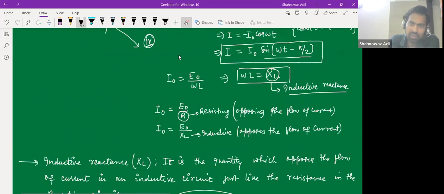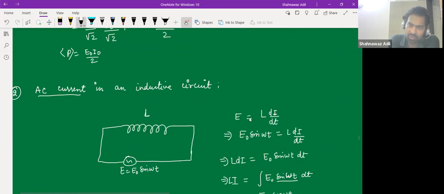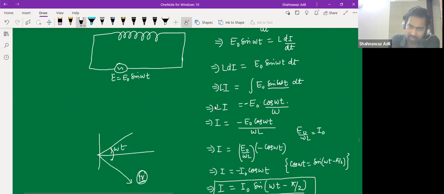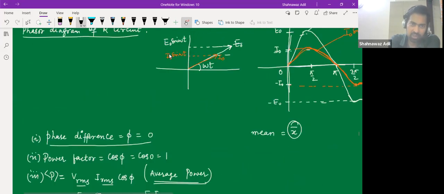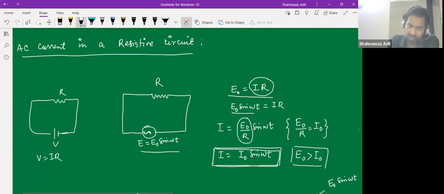In the inductive circuit, this was my EMF, and then we integrated and calculated I. In the resistive circuit, E was simply IR, so we calculated the current.